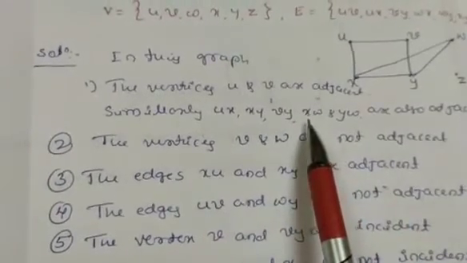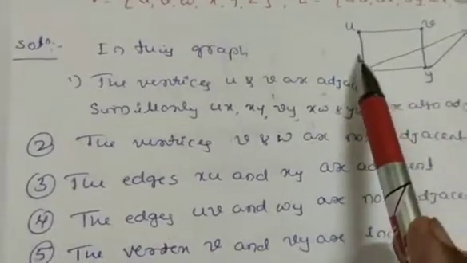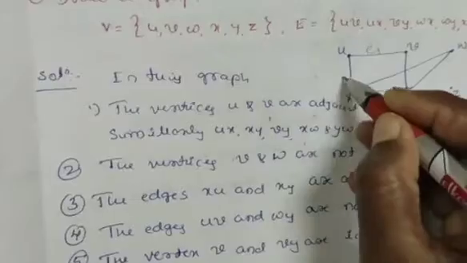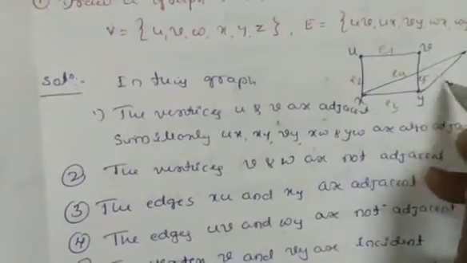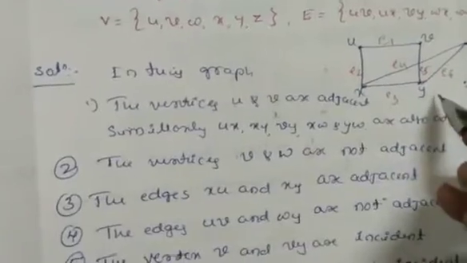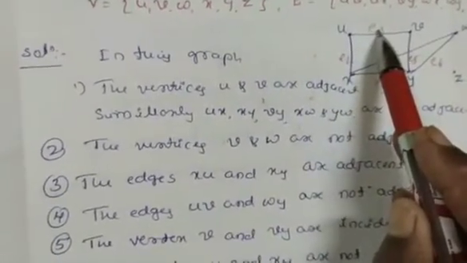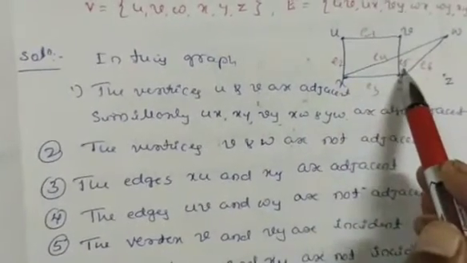The edges xu and xy are adjacent. Here vertices can be adjacent and edges can be adjacent. These are all the edges, so we can name them E1, E2, E3, E4, E5, E6. Here the edges E1 and E2 are adjacent, E1 and E5 are adjacent.